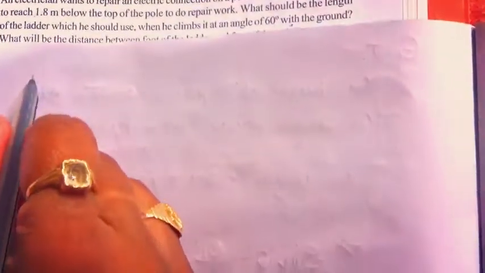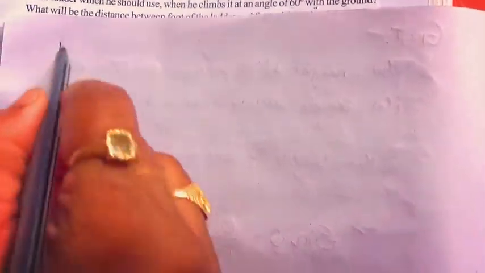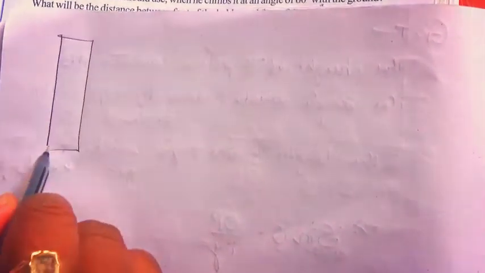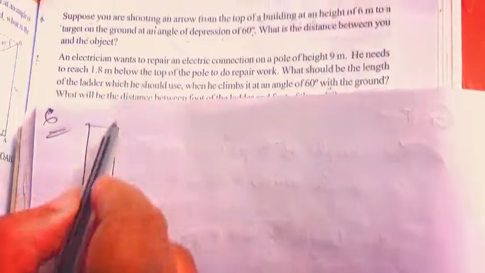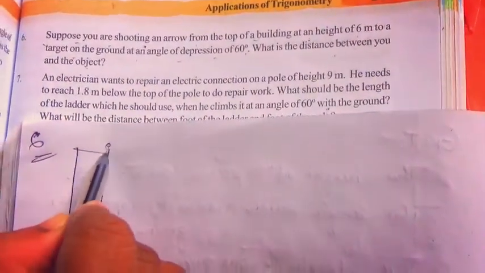Look at here. According to the sum, you have to draw one picture. So the arrow we have to shoot. We are shooting an arrow from the top of the building. Here one person is there.